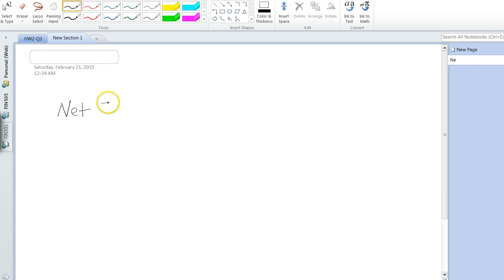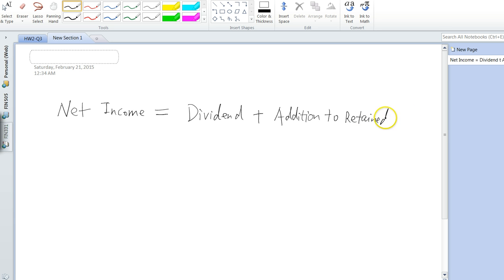Net income can further equal dividend plus the addition to retained earnings. So that's an identity, right? Net income is equal to dividend plus addition to retained earnings.